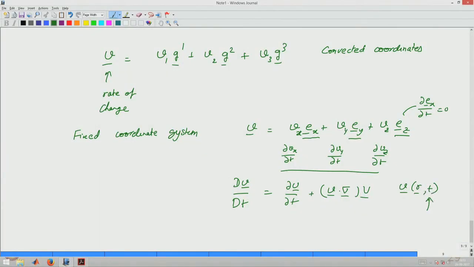So, when we change time and we are interested in change in velocity with respect to time, velocity not only changes with respect to time, but since the position itself changes, the velocity may change with respect to position. And so, therefore, this is the inertial term and the Eulerian term, which together make up the material derivative of velocity.